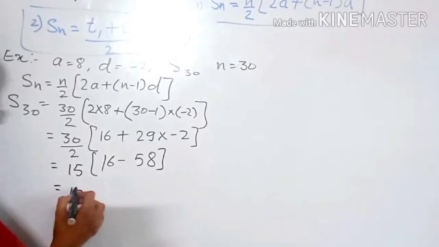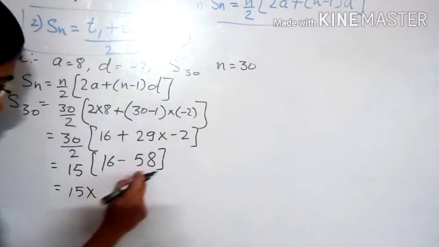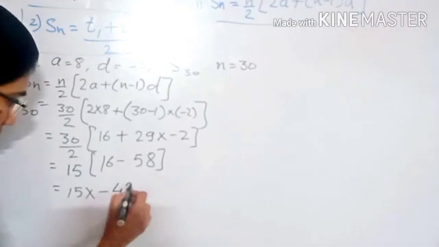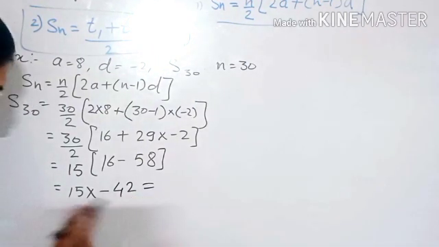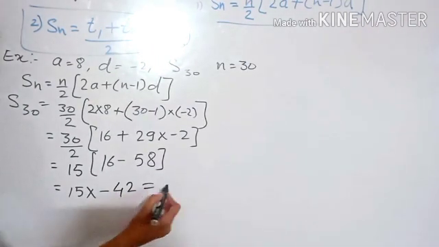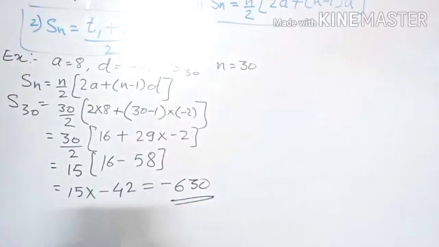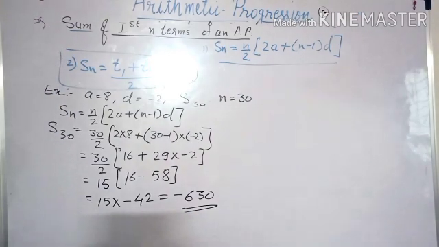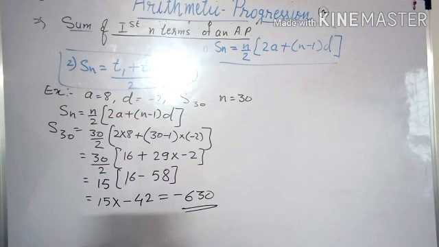So 15 into the sum of these two terms, if you solve it, we will get minus 42. If you multiply this, we will get minus 630. So in this way we can use the formula whether the common difference is positive or negative. According to that you have to solve.